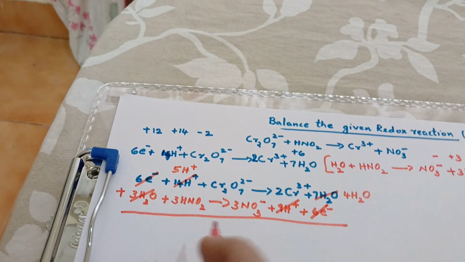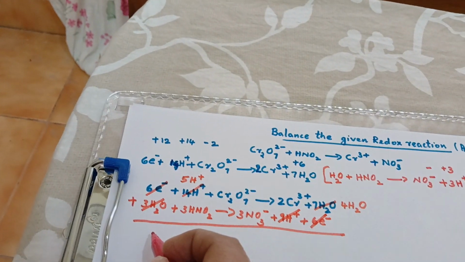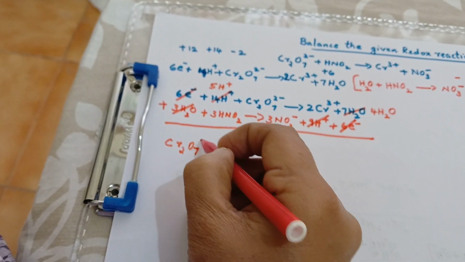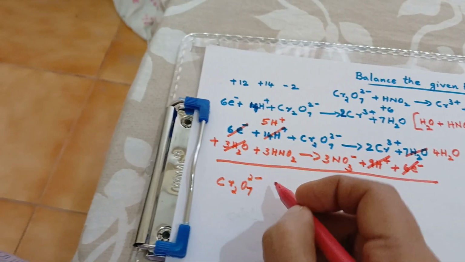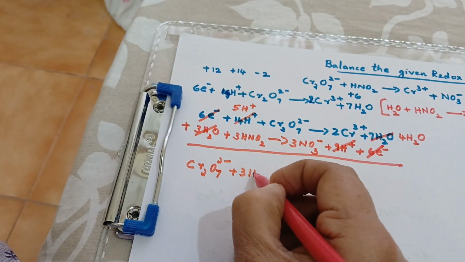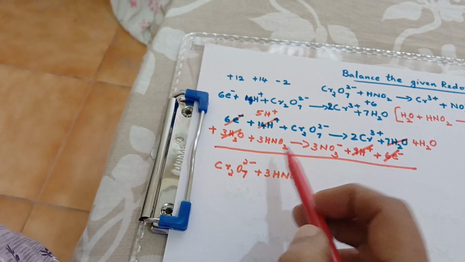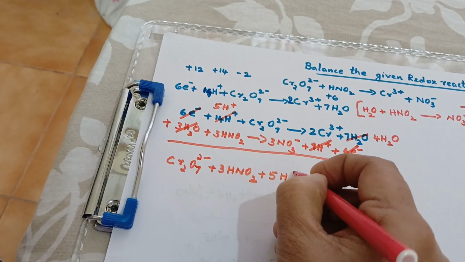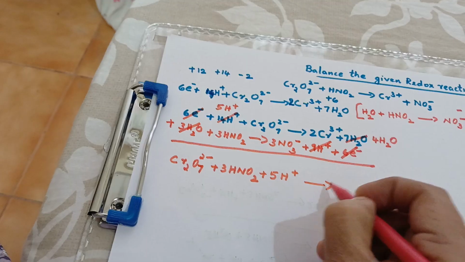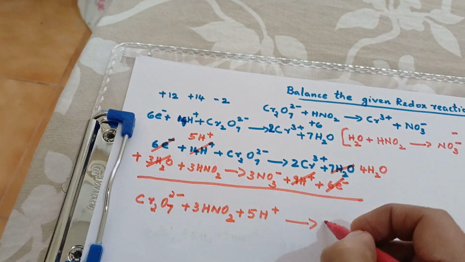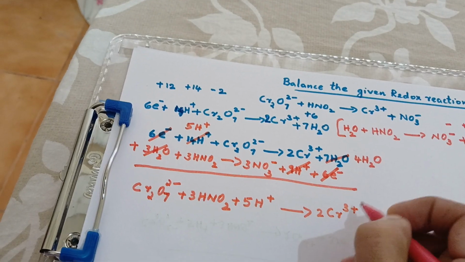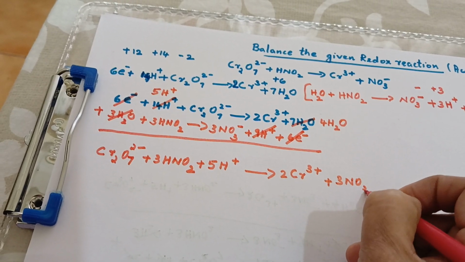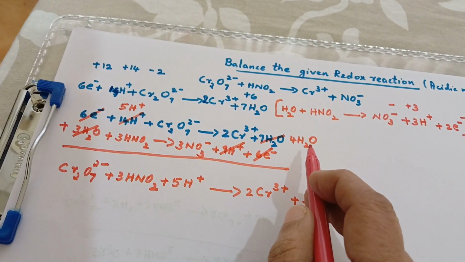Now let us rewrite the whole equation. We will write Cr2O7 2- plus 3HNO2 plus 5H+ giving 2Cr3+ plus 3NO3- plus 4H2O.